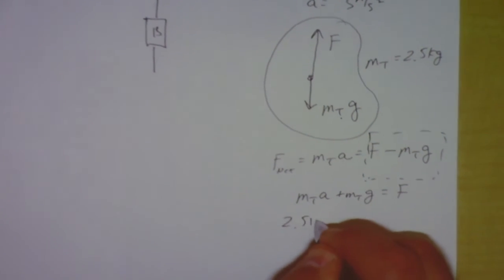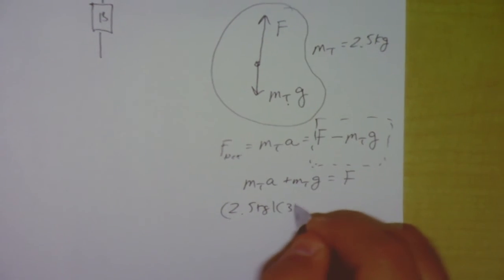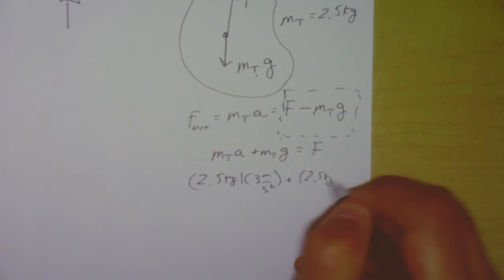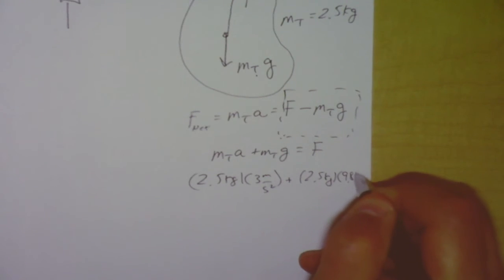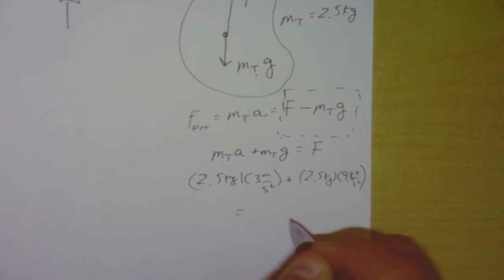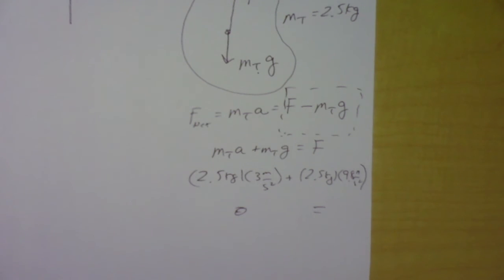So 2.5 kilograms times, they gave us that, 3, and then plus 2.5 kilograms times 9.8. I'm running out of room here. So this thing is equal to 2.5 times 12.8. 32, it looks like.